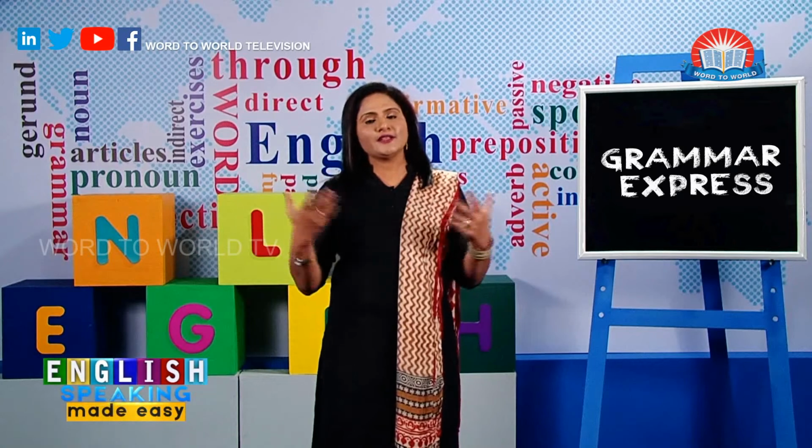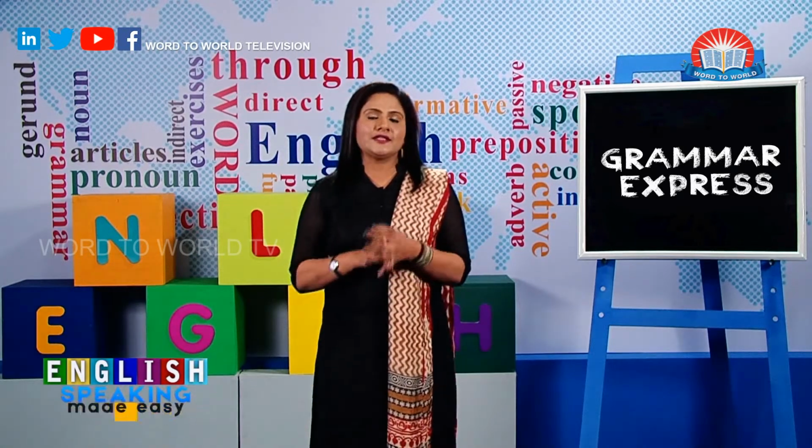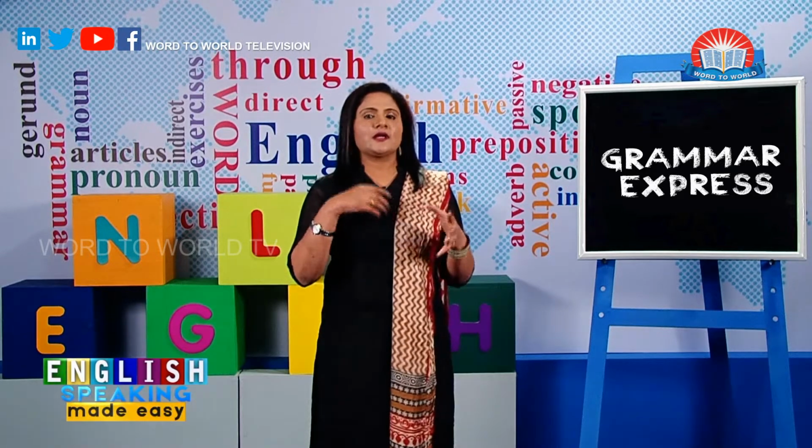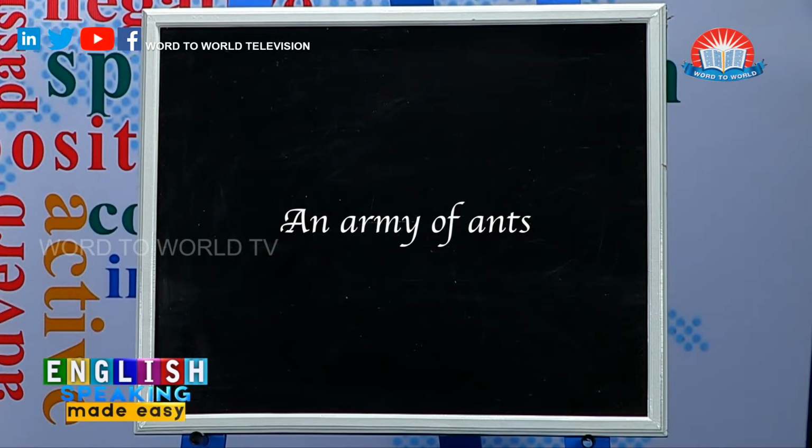Now, the next bit is animals. Each kind of animal takes a different collective noun. The normal ones are herd, flock and all that. Now, we will look at each animal and how their groups are called. You have ants, you call them an army of ants.